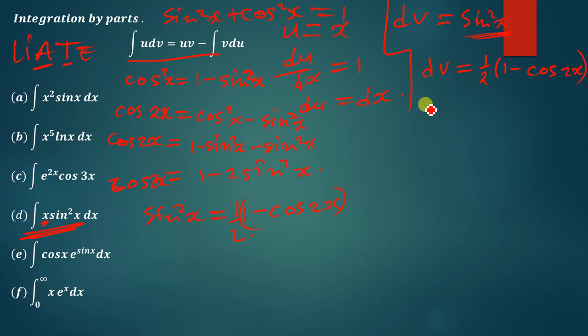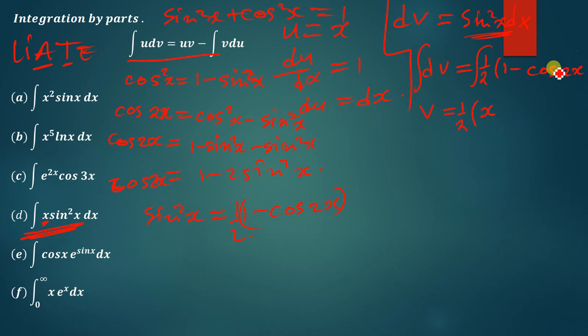So to find v, I'm going to integrate both sides. So my v will become 1 over 2, then open brackets. If I integrate this 1 with respect to x, I'm going to have x there.